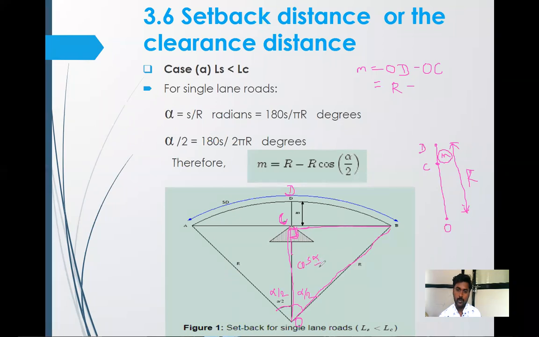Cos alpha by 2 is equal to adjacent side OC divided by hypotenuse R. So OC is equal to R cos alpha by 2. The final value will become R minus R cos alpha by 2.